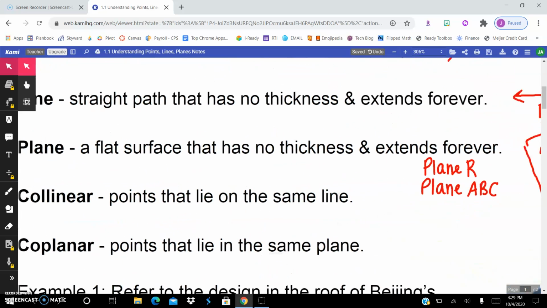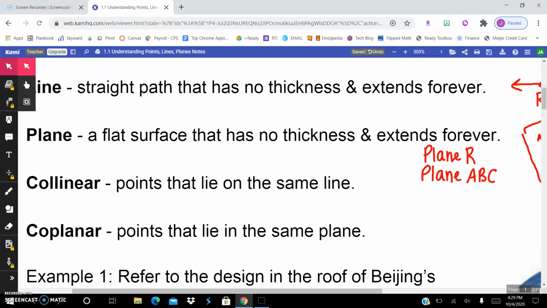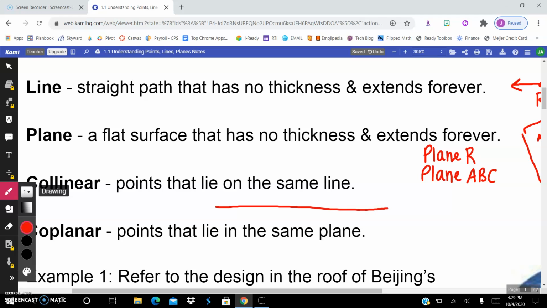And then we have what is called collinear and coplanar. Collinear are points that lie on the same line. So if I had a line and we had 2 points on here, maybe G and H, and then we had another point over here called I, G and H, those 2 points are collinear because they are on the same line.